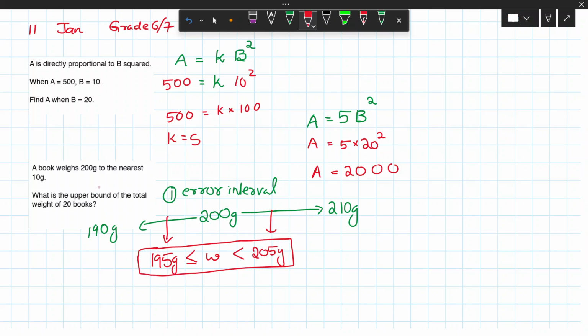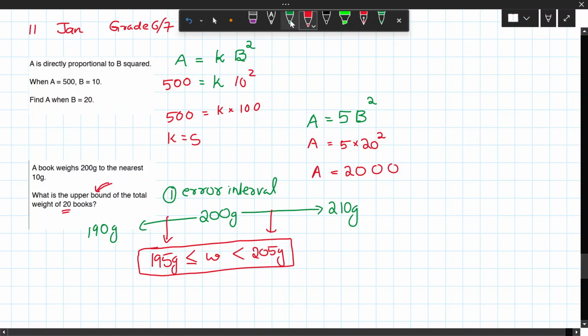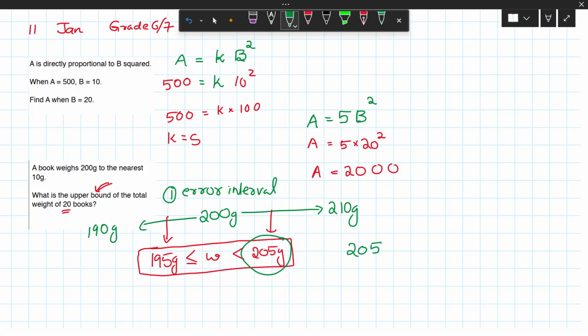Now, we need the maximum weight that 20 of these books can have. So because I need the maximum weight, I am going to go with the upper bound. So the upper bound would be 205, and if I imagine all the 20 books are having that upper bound, it would be 205, multiply that by 20, which would be 410.